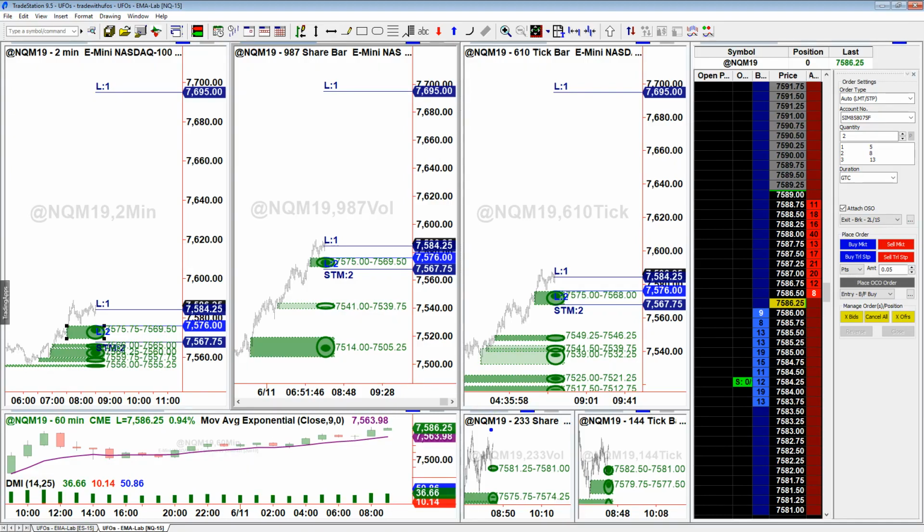So what you will want to do is wait for the price of the NASDAQ to go back to the green UFO, and the moment it gets in the green UFO, you forget about everything, and the only thing you are looking at now is the reactive time frames, those two.